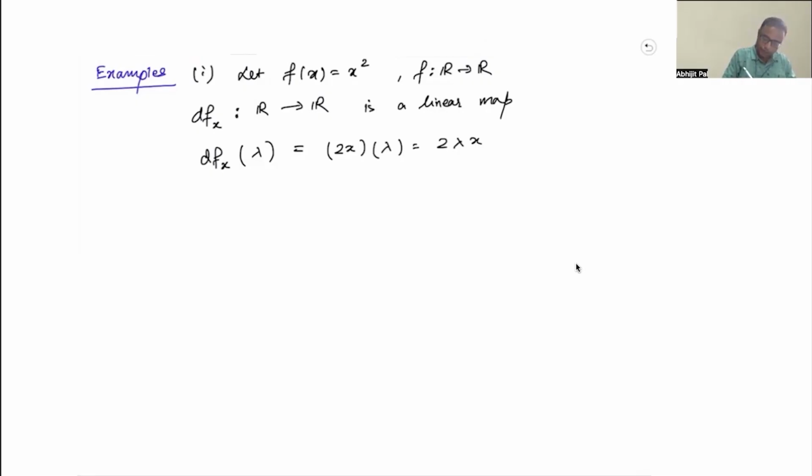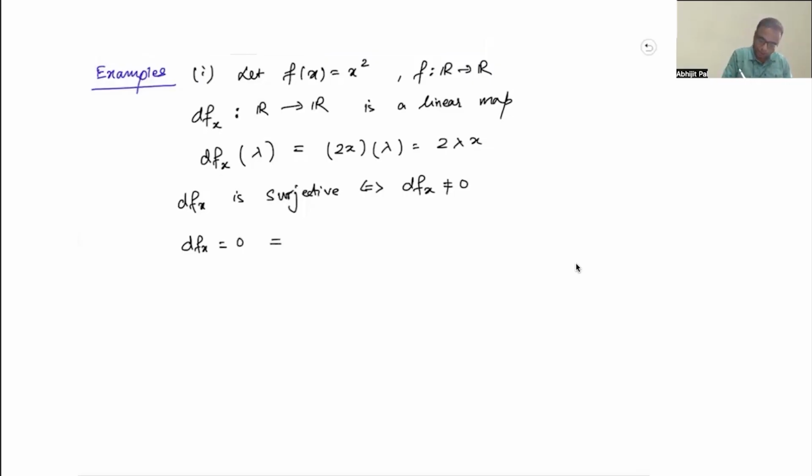Now you want to know whether this map df_x is surjective or not. So df_x is surjective if and only if this map is not equal to 0. Now df_x equal to 0 means the matrix of df_x is also 0.